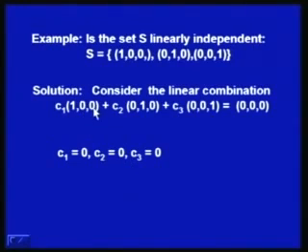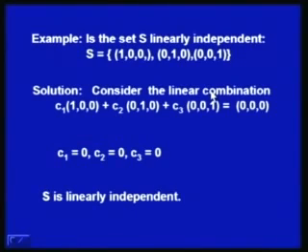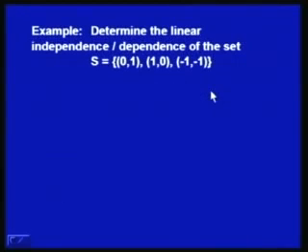And the third component gives us C3 equal to 0. So this is the only solution possible for this equation to be satisfied, and that is why we say that the set S consisting of these three vectors is linearly independent.